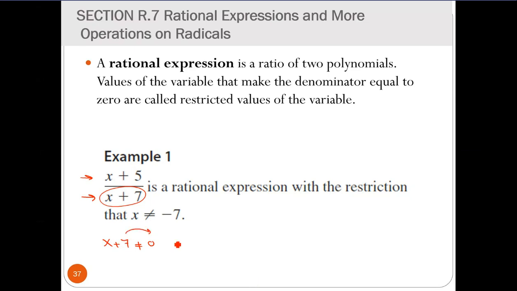After transferring the 7 from left to right, we have x must be not equal negative 7. Okay, this is called restriction. هذا الشرط الاكسبريشن شرطها او القيود تاعتها انه ما يكون المقام 0. متى بكون المقام 0؟ عند النيجاتيف 7. إذن x must be not equal negative 7.